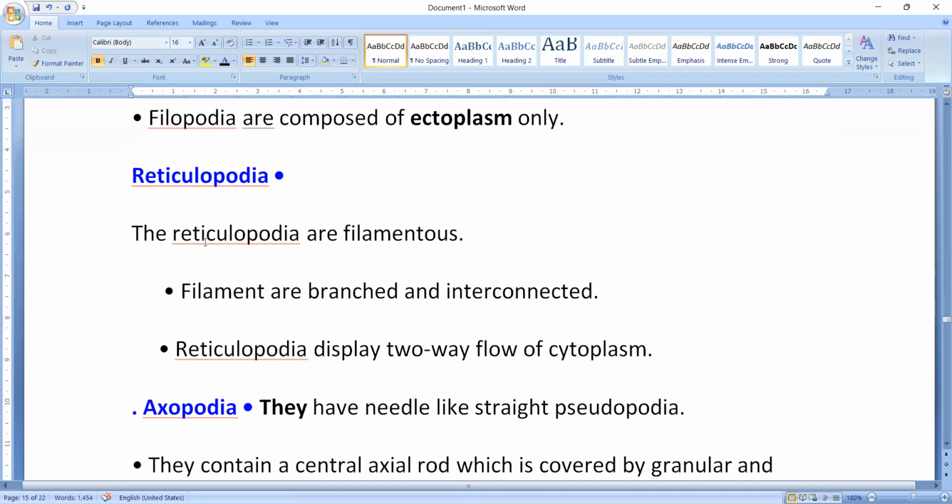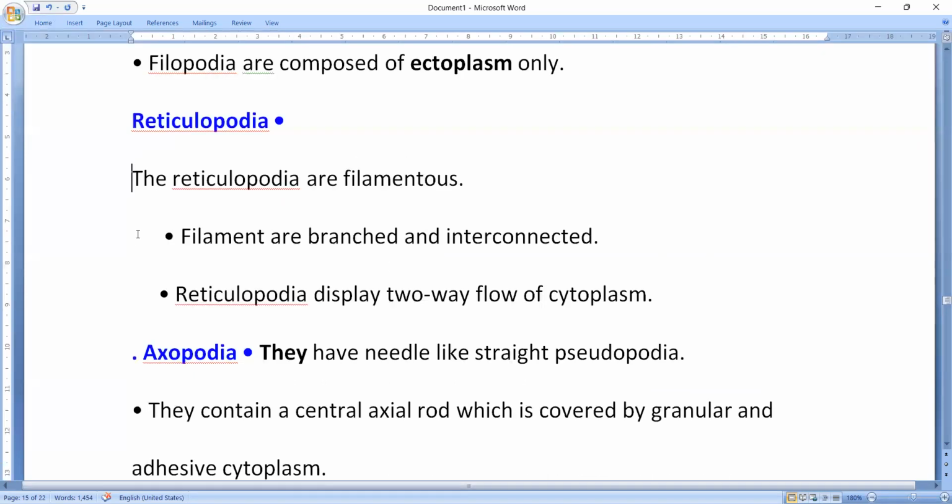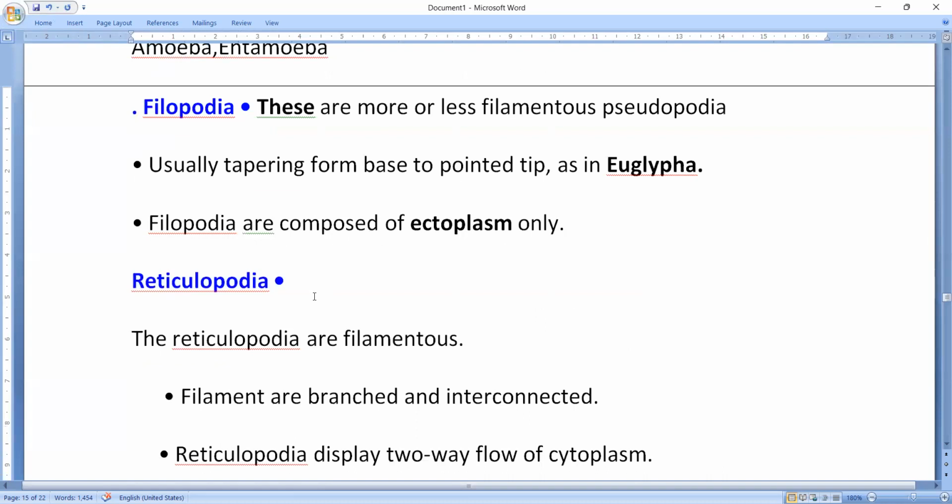Reticulum means net, right? The reticulopodia are also filamentous just like filopodia, but they cross with each other as many pseudopodia are present like this.